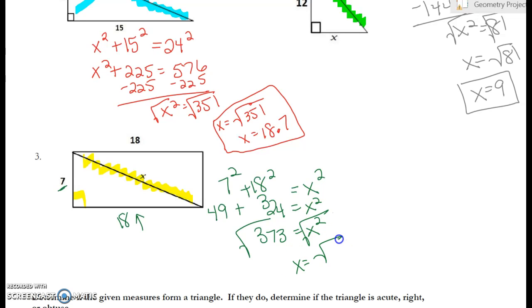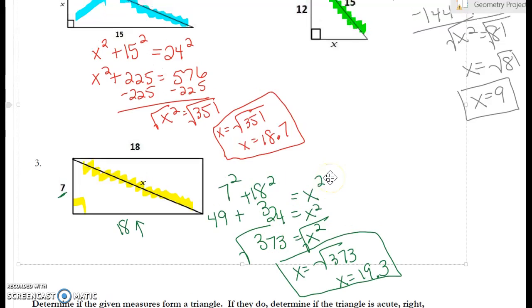So x is equal to the square root of 373, or x is equal to 19.3. Either of those are acceptable. So it's not that difficult of a process, but the most important thing first is to figure out where your hypotenuse is. It's not always going to be x. Sometimes your x is a leg, so you have to be careful with that.